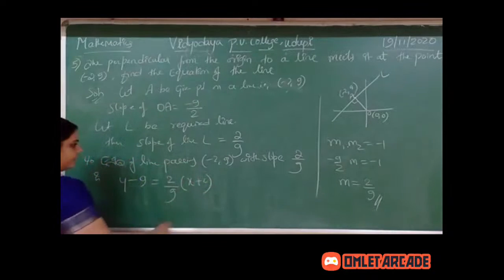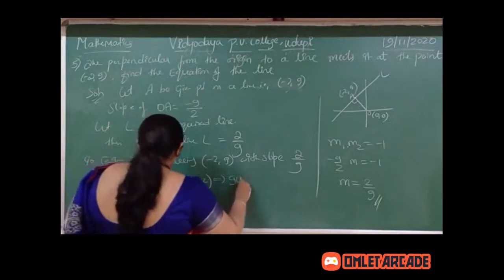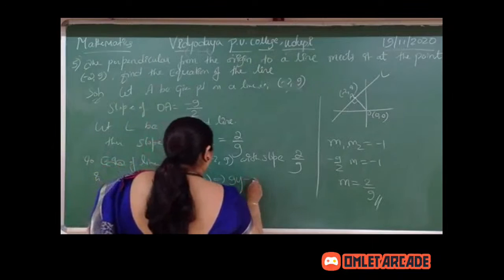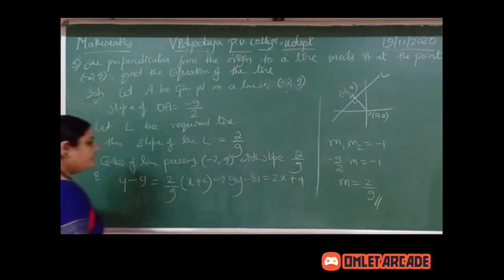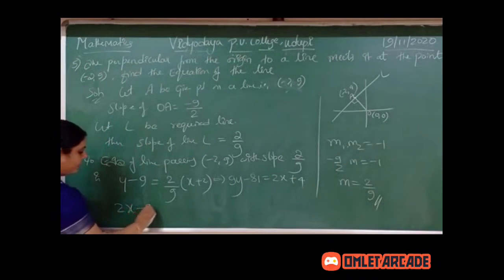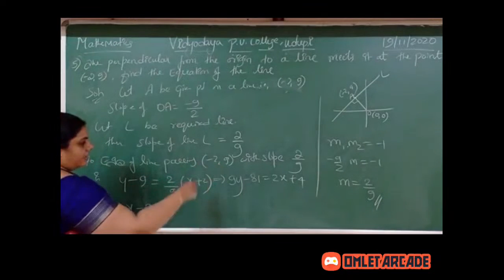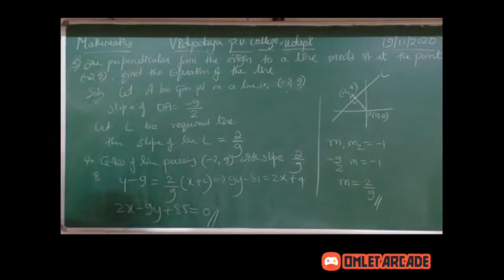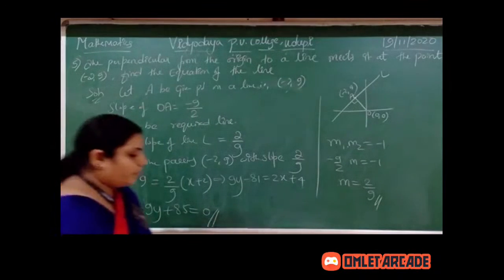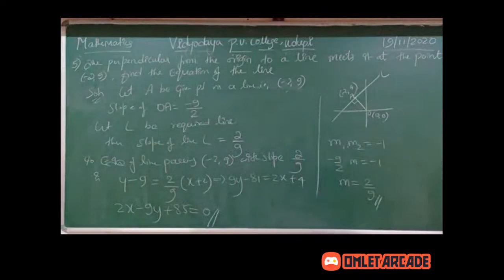So 9y minus 81 is equal to 2x plus 4. So 2x minus 9y plus 85 is equal to 0. This is the required equation of the line. Go through the problem once again, you will get it.